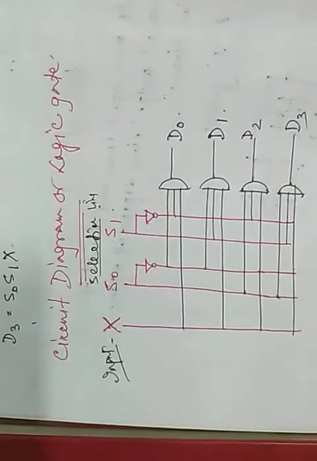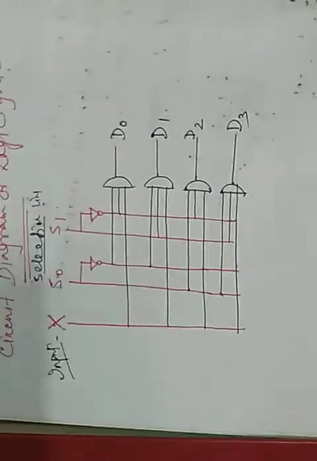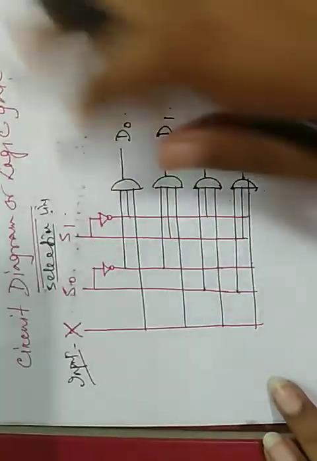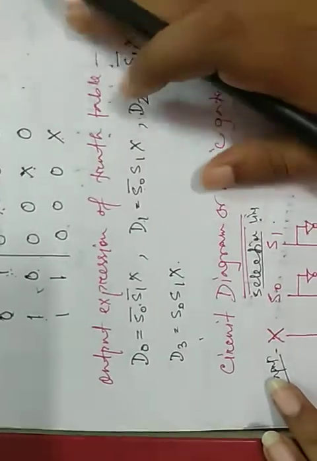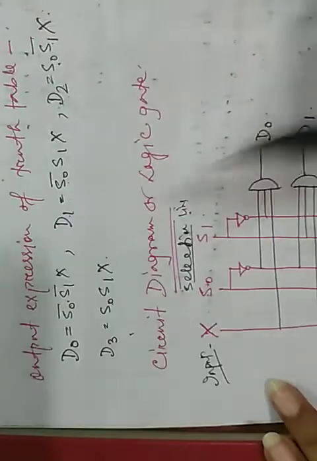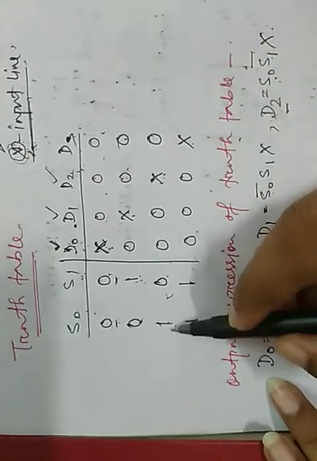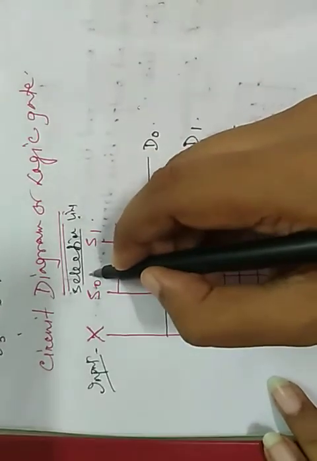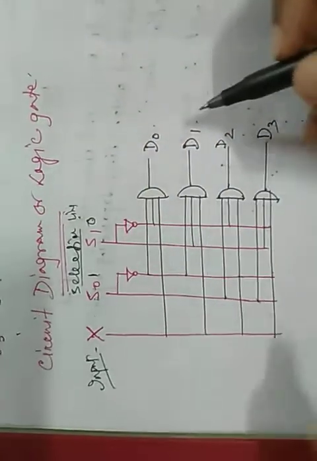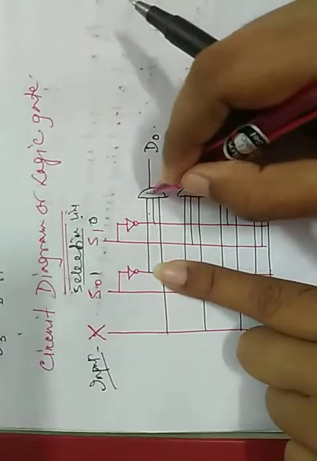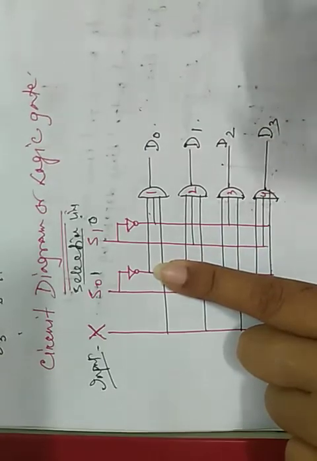Now let us see one example to show how these logic gates will work. Suppose we want to get the output value in D2. In the truth table, for D2 our selection lines must be 1, 0. Let us send 1 here and 0 here. This is our first AND gate, second, third and fourth AND gate.